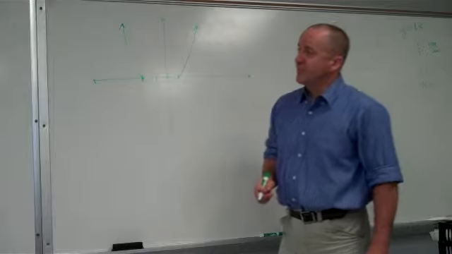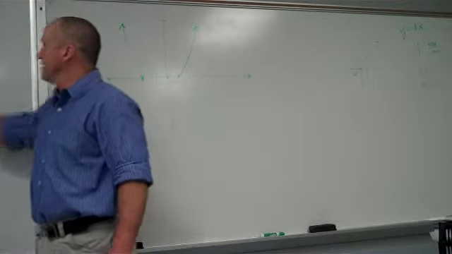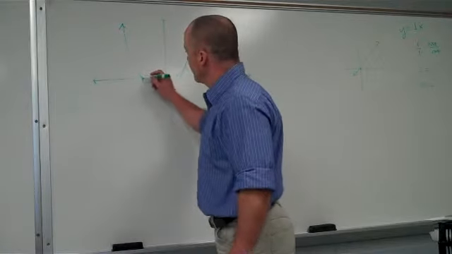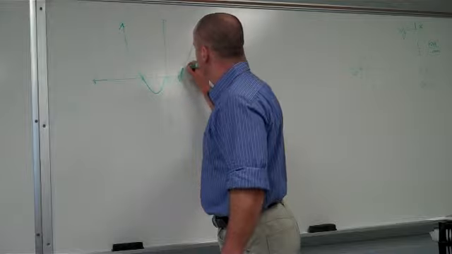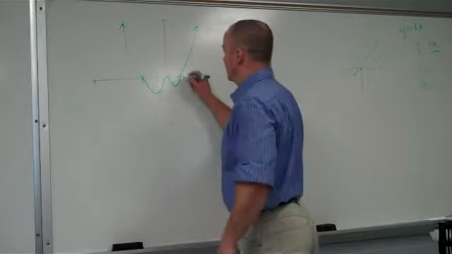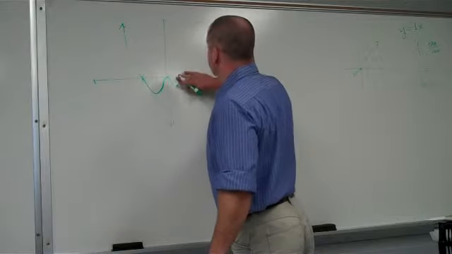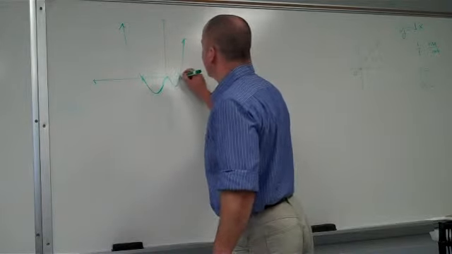The multiplicity tells me that it crosses at 1 and 3 and touches at 2 without crossing. Wait, so it must do something like that. I'm sorry, I said that exactly backwards, didn't I? Yeah, it crosses at 1 and 3.